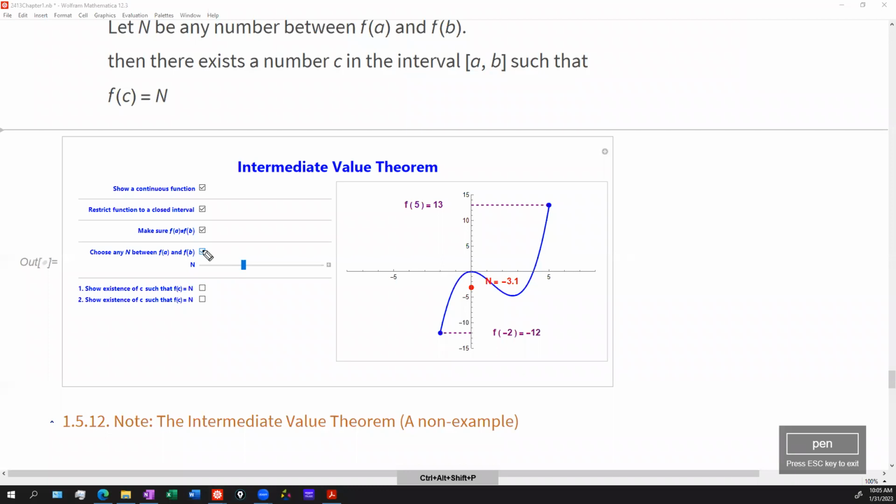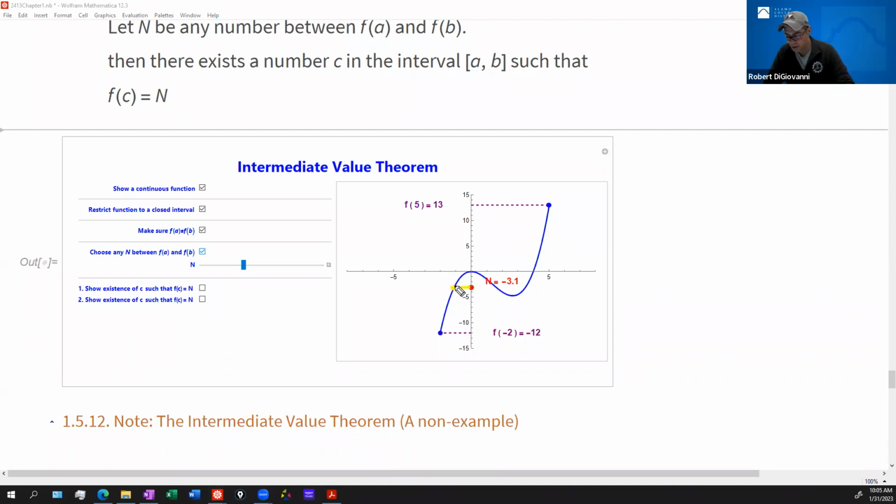Yeah, there's more than one. I could go backwards to here and then up, and that would be a c. But I could also go here and up, that would be a c, and from here up would be a c. So there are actually three different values of c that I could plug into this function, and all of them would spit out that same n value.